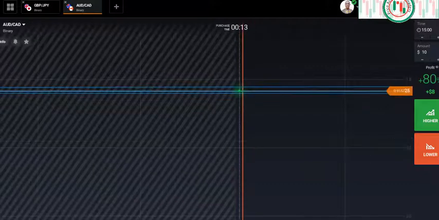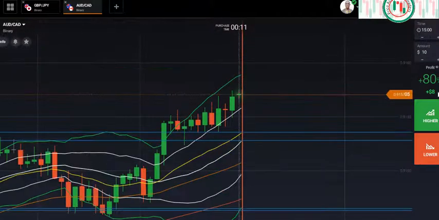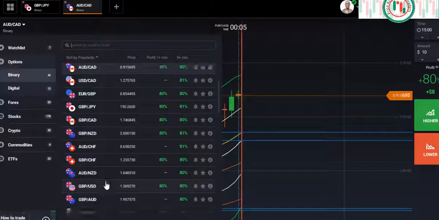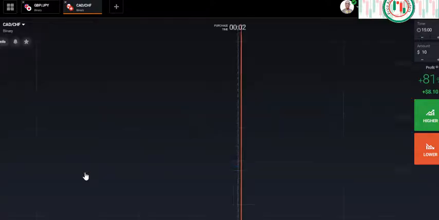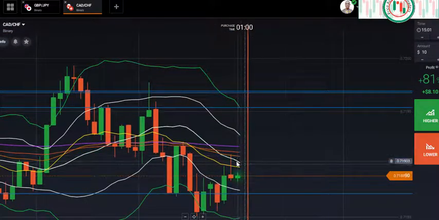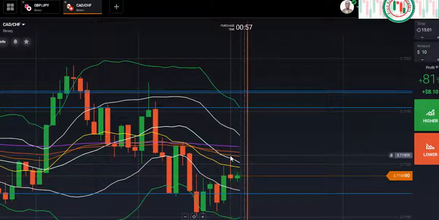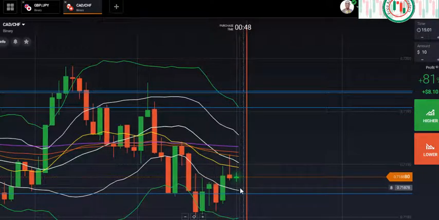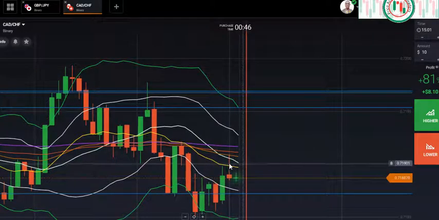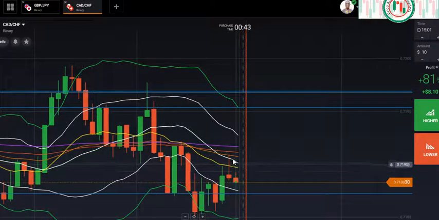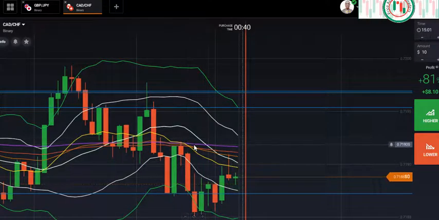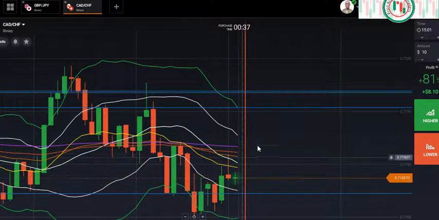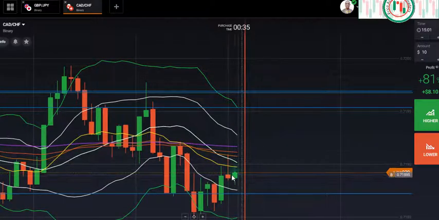So, let's see. The market is not so nice, but let's try and check some opportunity. Yeah, I can see rejection from the 50 EMA, and the market is trying to go down, because this EMA formation showed that the market will not go more up, but sellers couldn't enter.